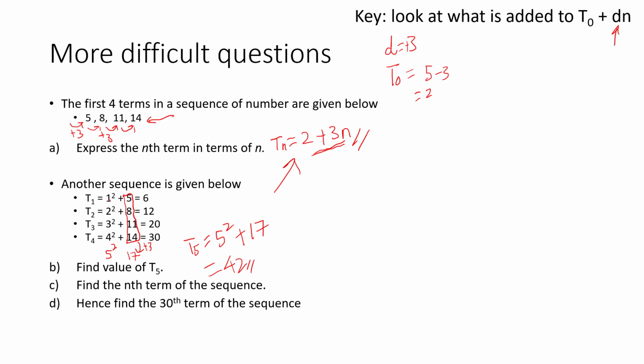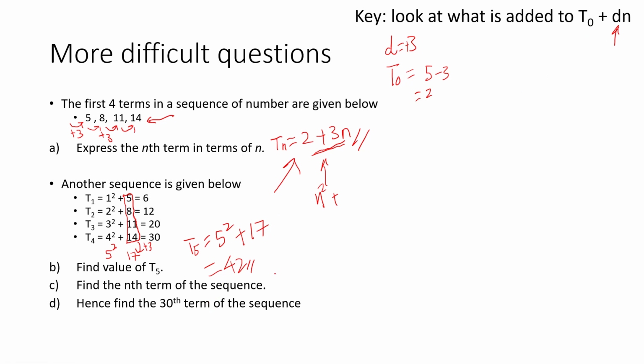So when n is equal to 1, I have 1 squared. n is equal to 2, I have 2 squared. n is equal to 3, I have 3 squared. So when n is equal to n, I will have n squared. So all I have to do is to add n squared to this equation. So look at what is added to term 0 plus dn.